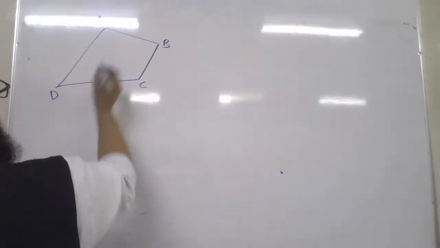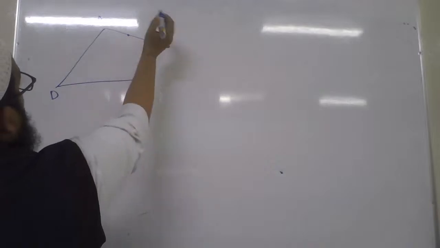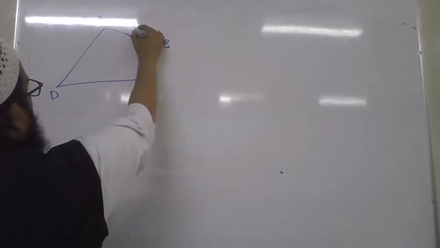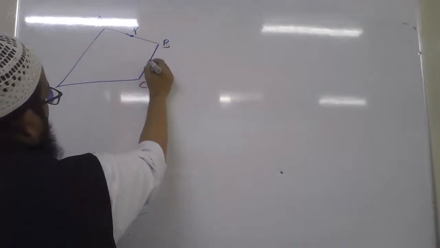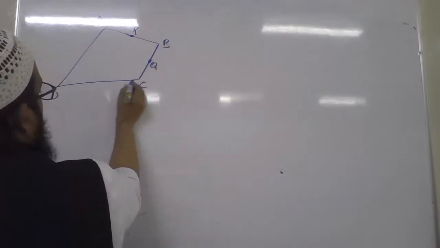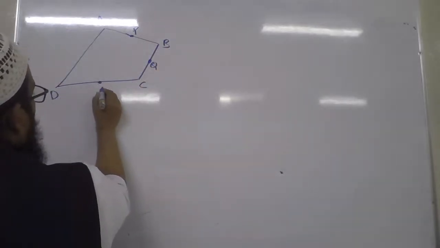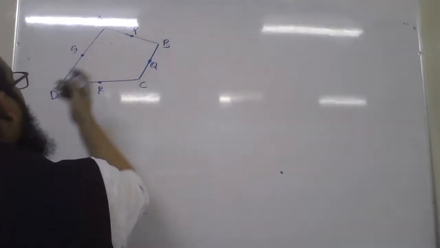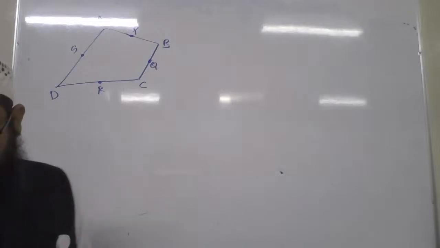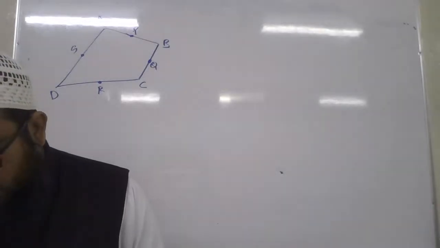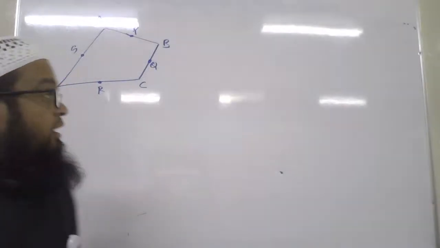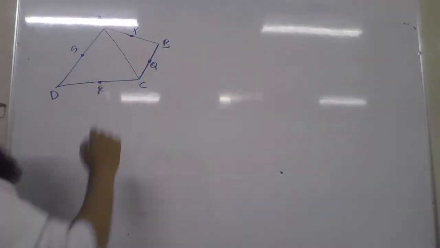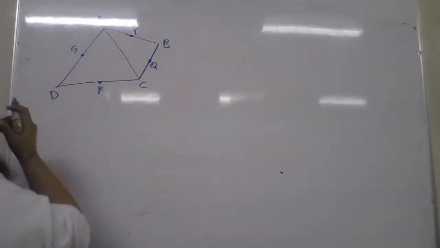So let us say this is midpoint P, and let us take midpoint somewhere Q, and the midpoint somewhere R, and the midpoint of AD is S. AC is the diagonal. Okay, this is given.